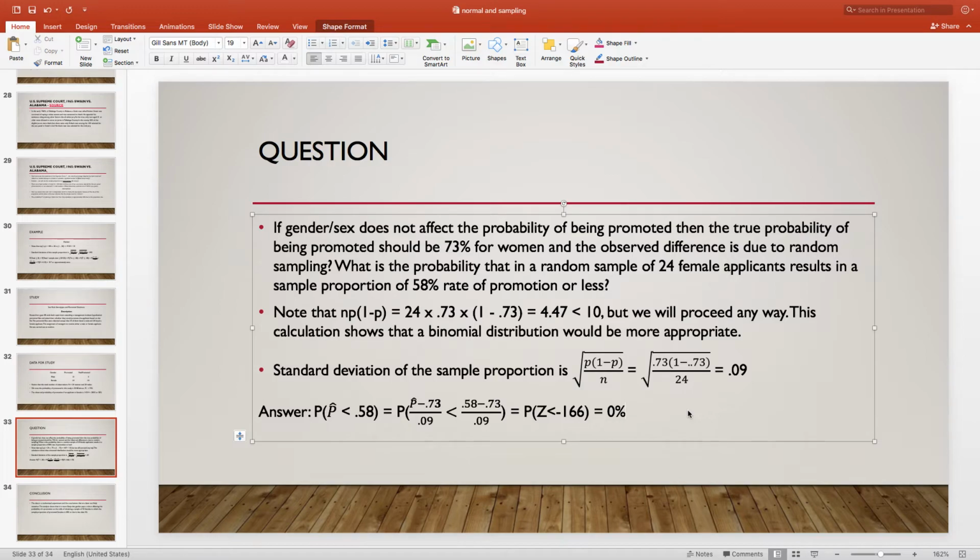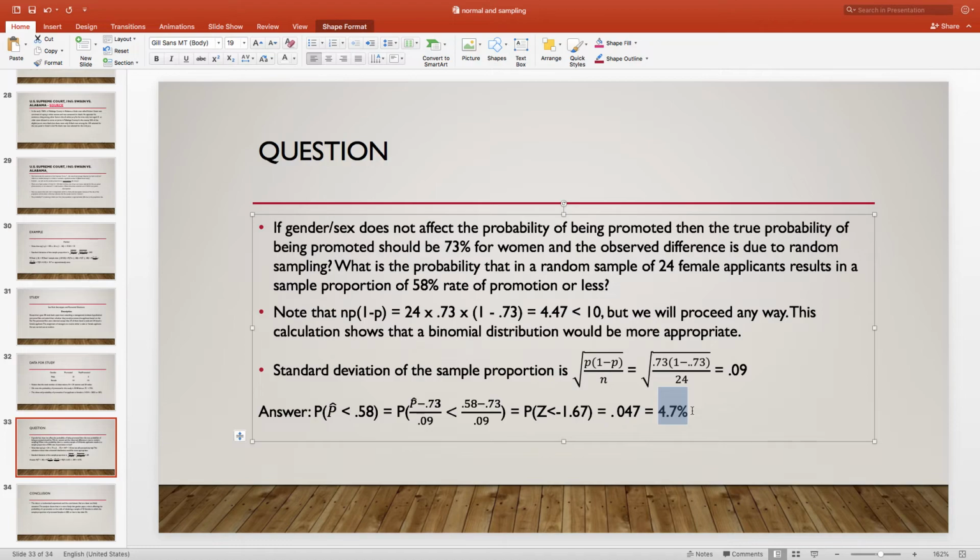Excuse me, let me just double check. Excuse me, it was actually correct. It's 1.66. So this number was calculated correctly, and the probability of obtaining a sample percentage this low is 4.7%.